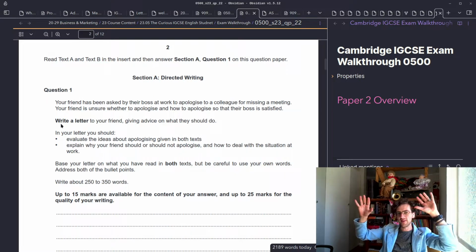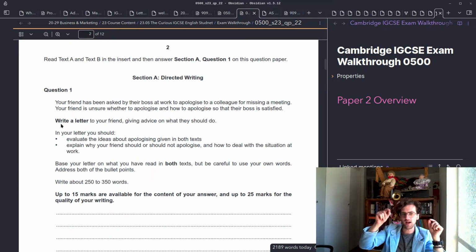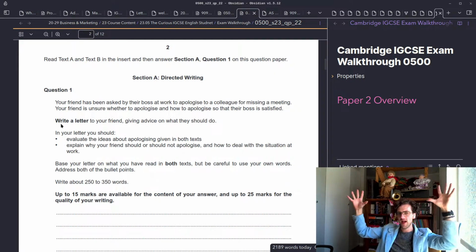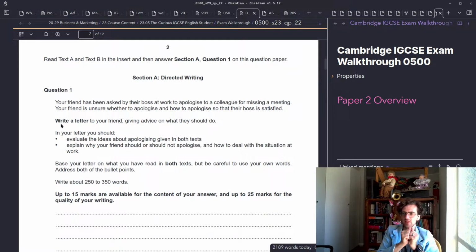So I would say that you should probably go through the text, highlight what you want to take out of both texts, and then you draw it into one thing, never quote it, just use it as a resource. Kind of like if you were ChatGPT and you're taking things from 2 different sources instead of just the one source that we had in paper 1.